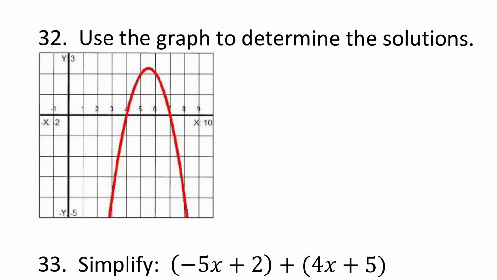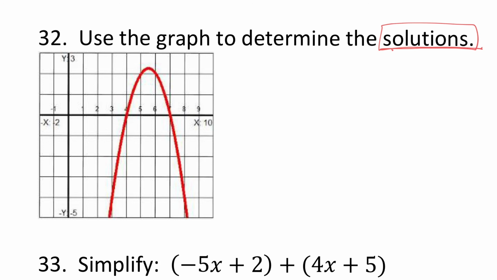Number 32 says, use the graph of a parabola to determine the solutions. We are looking for the solutions of that parabola. The solutions are the x-intercepts of the graph, where the graph crosses the x-axis. The x-axis is this one here, and we know they cross at 2 different points.